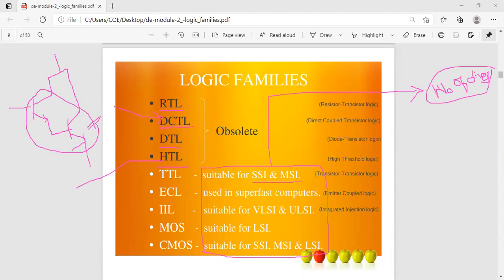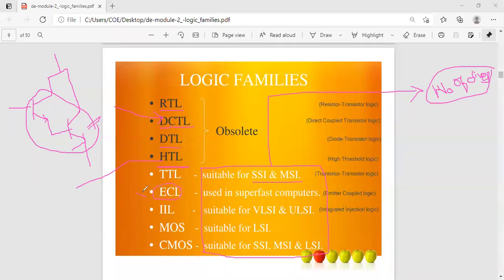You might have studied in your linear integrated circuits. Otherwise you please refresh yourself from the fundamental basics ல நீங்க படிச்சிருப்பீங்க. Okay, anyhow, so that is called small scale integration and medium scale integration. And then this is emitter coupled logic.